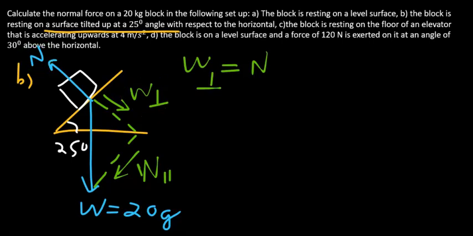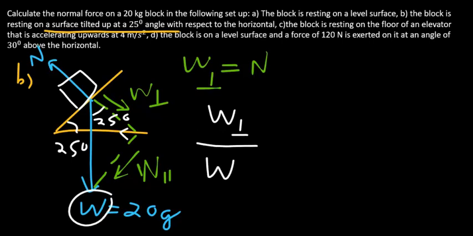Now we need to figure out this, because W perpendicular is indeed the normal force, because this balances that. Let's look at the triangle. This is 90 degrees. This is 25, so that means this has got to be 25 degrees, which means in that right angle triangle, W perpendicular over the hypotenuse, which is the weight, equals cosine of 25 degrees.